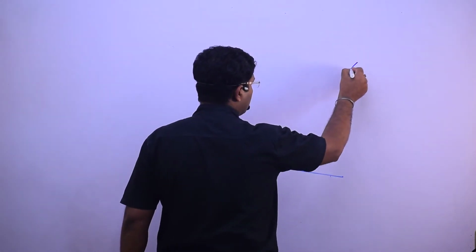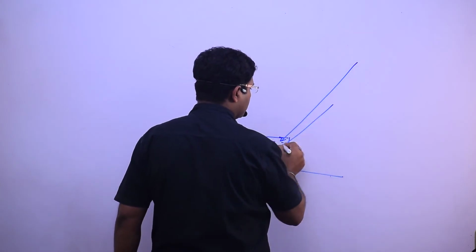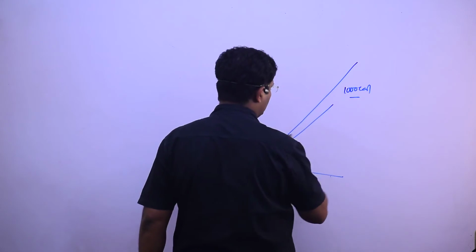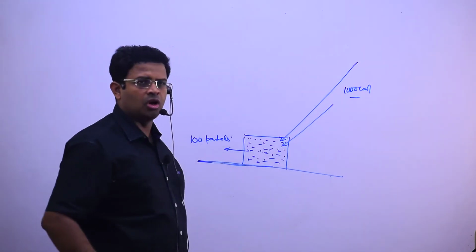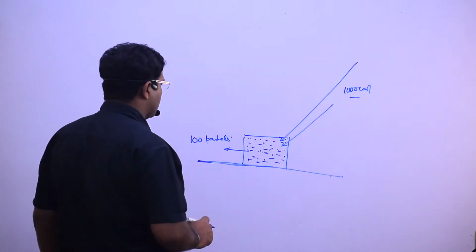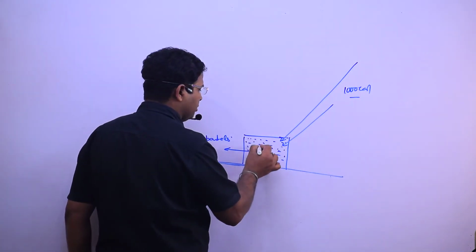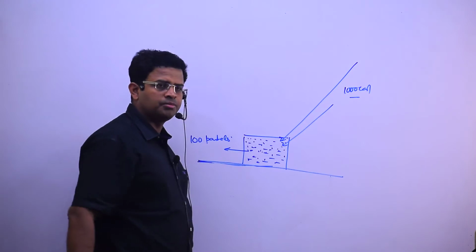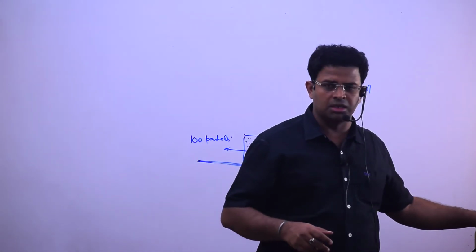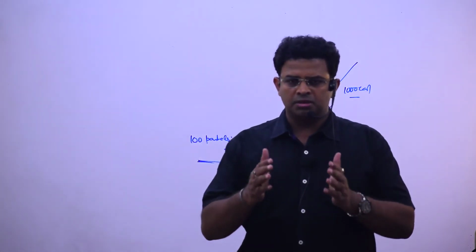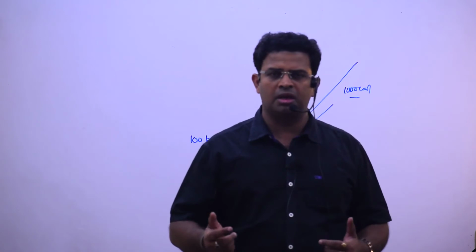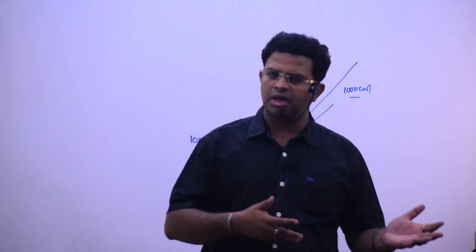Suppose the sun rays are coming, 1000 calories. How much heat is coming into this area? 1000 calories. And when 1000 calories of heat is coming, this heat will be absorbed by the particles. Yes or no? When we eat food, we are able to move here and there; when we stop eating, we can lie on the bed.